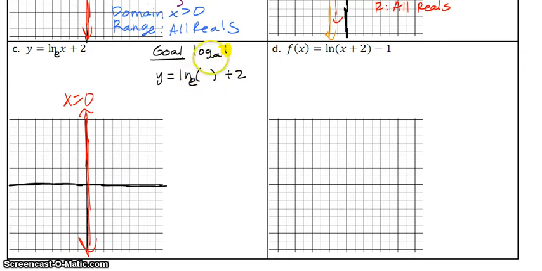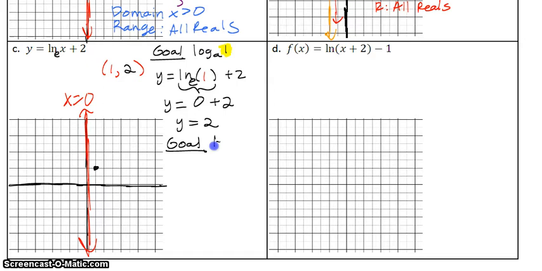Because it's just by itself, I'm going to put a 1 in there. And remember, a ln is the same as a log. Same rules apply. So it might seem weird that I'm doing this, but log base e of 1 is 0. That's why I wanted to do that. That means y is equal to 2. So my first point this time is 1 comma 2.